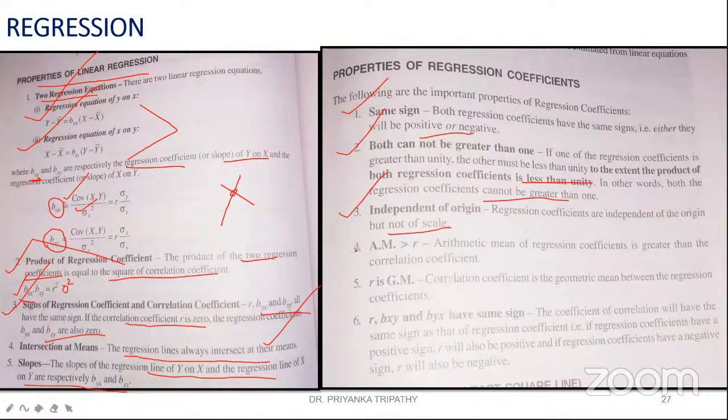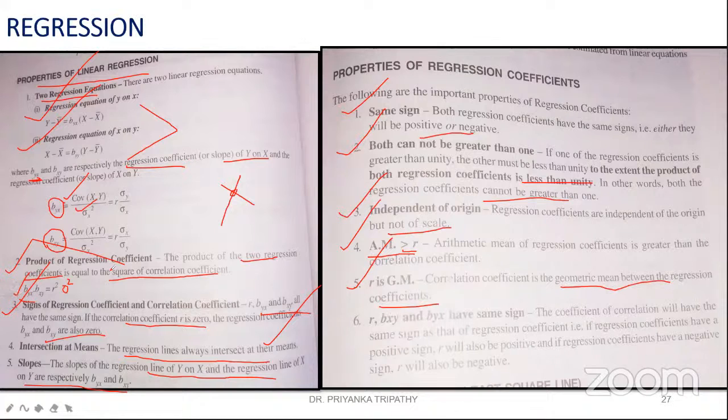Now, when we see the arithmetic mean, always remember, if a data series is given and you are asked to find the arithmetic mean of the regression coefficients, it is always greater than the correlation coefficient. Remember this. r is the geometric mean.